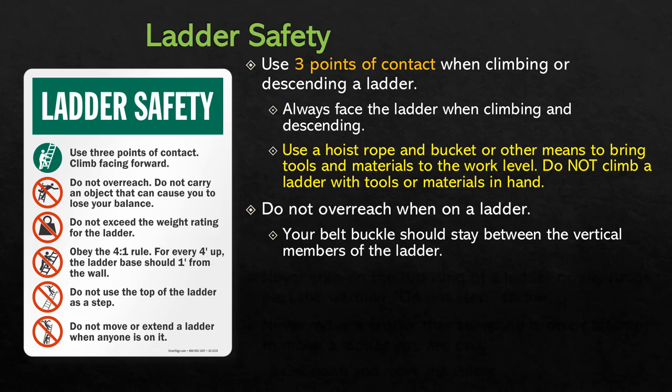If your belt buckle area is getting past the right or left vertical member of the ladder, you've gone out too far. You're overreaching. There's a good chance that ladder could kick out on you, and it could fall, and you could be seriously injured or killed. So do not overreach when you're on a ladder. If you have to go back down and reposition the ladder and go back up, do that. That's a much safer thing to do than trying to overreach when you're on top of a ladder.